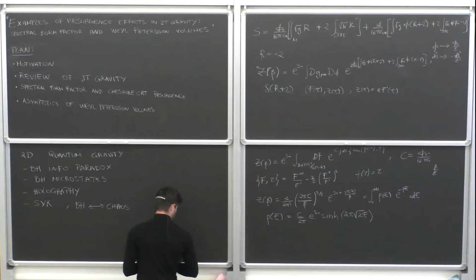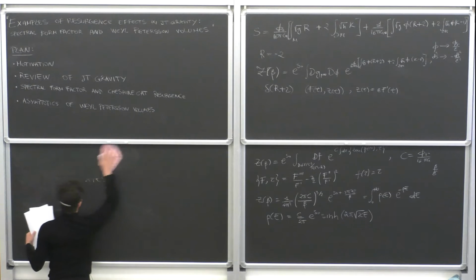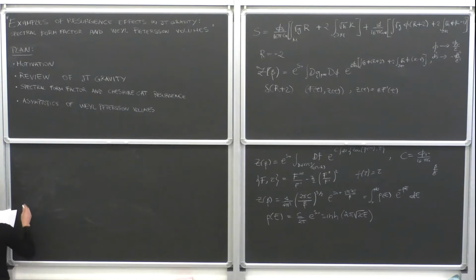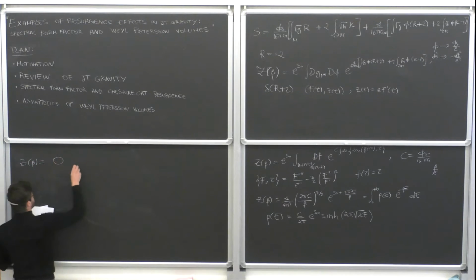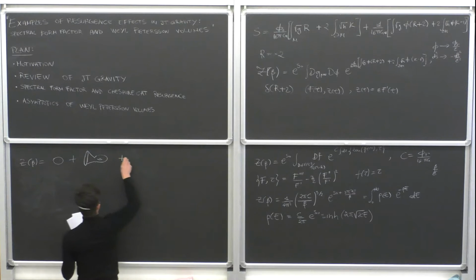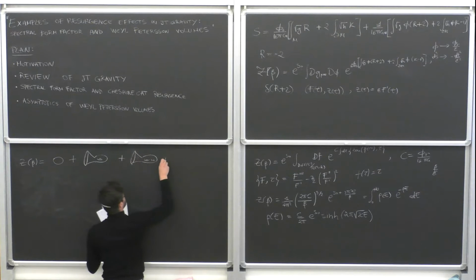So, for example, here for the partition function, we should not only include the topology of a disk, but we should consider, for example, also a spacetime with this topology, a spacetime with two holes and only one asymptotic boundary, and so on.